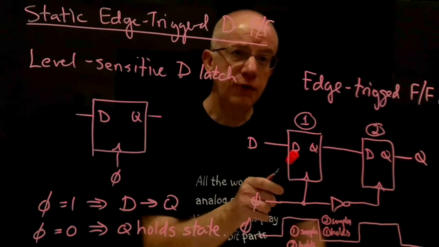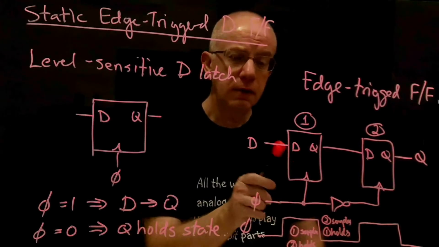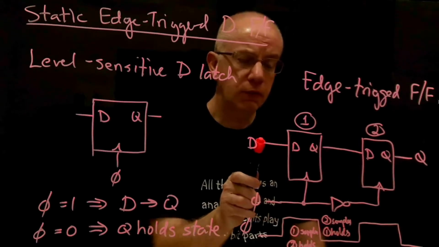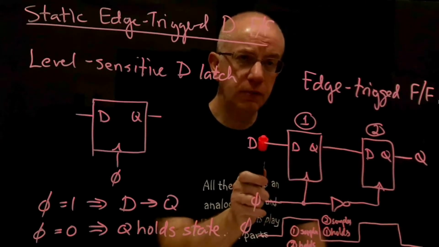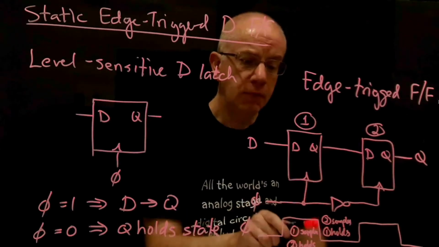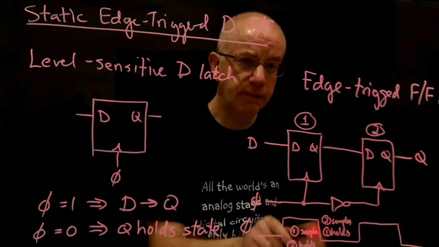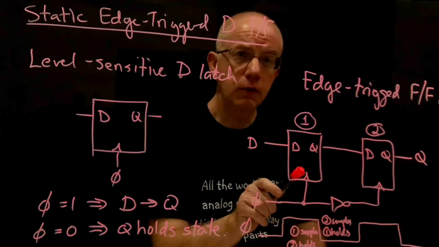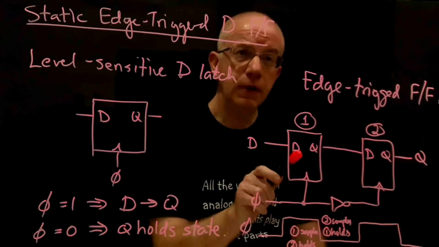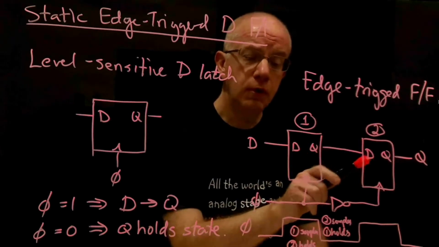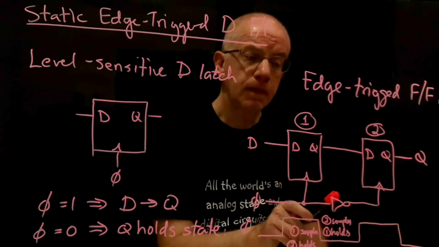So what that means is that when phi is high, this latch is sampling and propagating its D input to its Q output immediately. But as soon as phi falls, this latch becomes opaque, no longer samples its input, and maintains a steady value for latch 2 to sample.